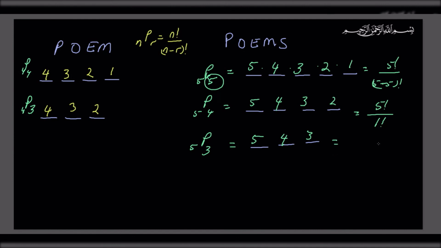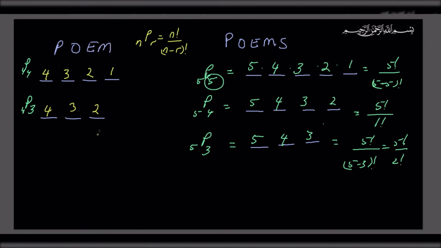And this in fact is 5 factorial over 5 minus 3 factorial, which is 2 factorial, 2 times 1, because that's missing if you see from over here. So when we do permutations, basically this is what's going on.